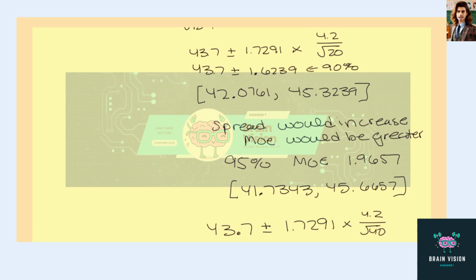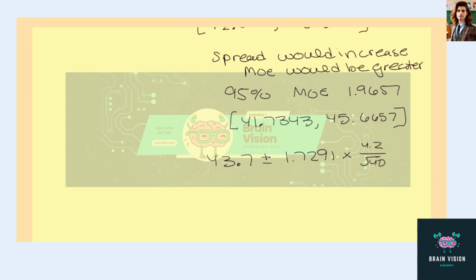And so with the sample size increasing, your margin of error decreases. So it would be 43.7 plus or minus 1.3432. So the margin of error decreases.